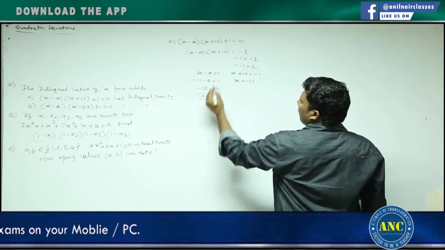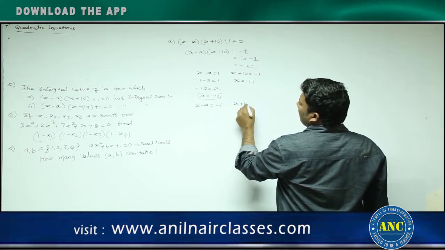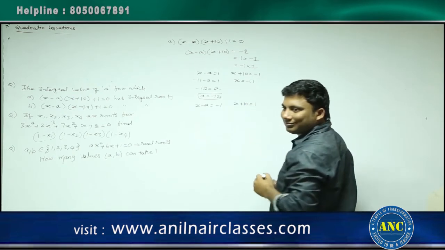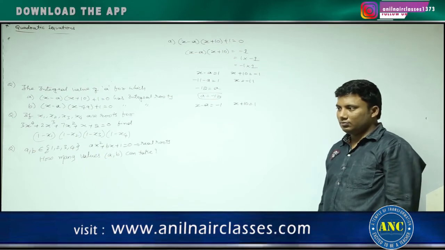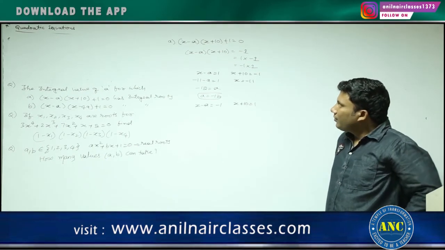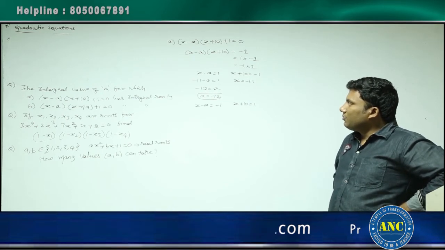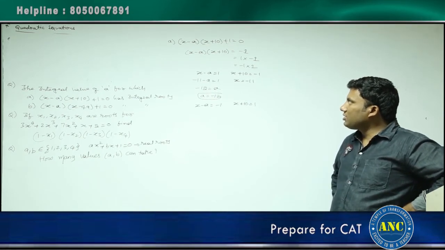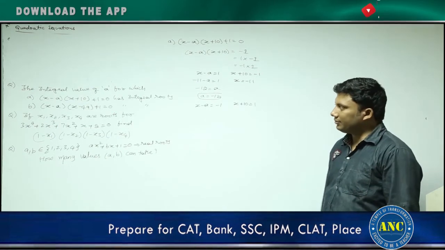First case. What is the next case? x minus a is minus 1, x plus 10 is 1. Please write. x minus a is 1, x plus 10 is minus 1; x minus a is minus 1, x plus 10 is 1. Substitute, you will get the answer.